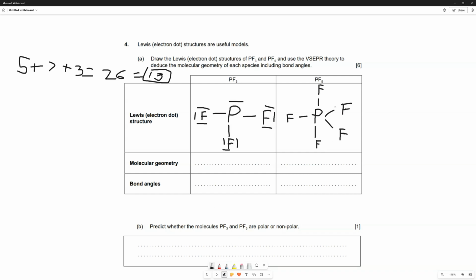Since we have 5 fluorines instead of 3 from last time, this previous step would just add 5 to this. This should be a times rather than a plus. So let's fix that. There we go. That would give us 40.